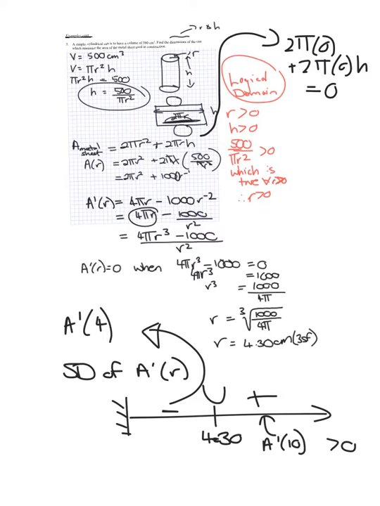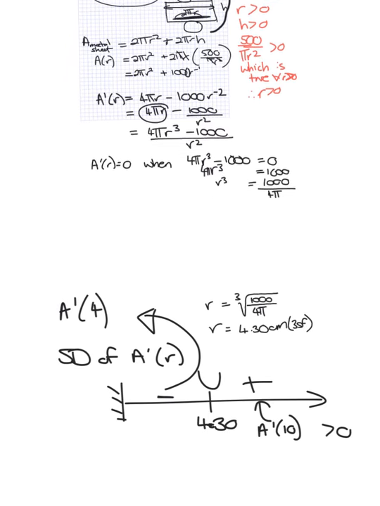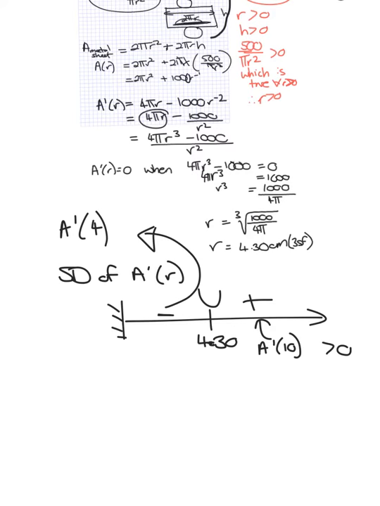So that's definitely not going to be a minimum, as you want to minimize it, but you do actually want it to exist. Alright, so we've done the sign diagram, but we still haven't answered the question because we want to find the dimensions of the can. So this is where it's really important that you actually answer the question. We've worked out that there is a global minimum when r is 4.3, because r has to be greater than 0, so it can't be equal to 0.